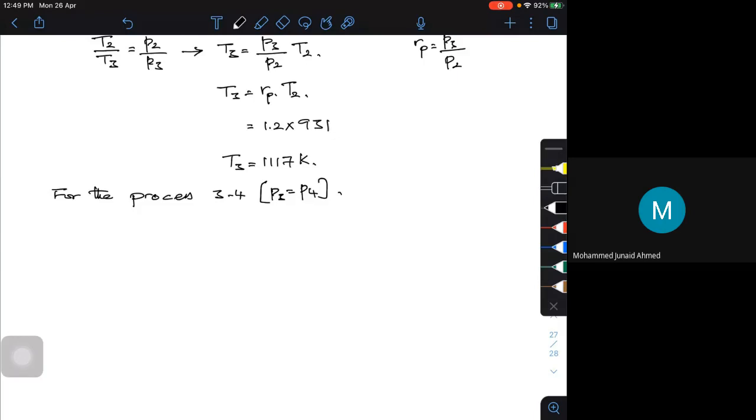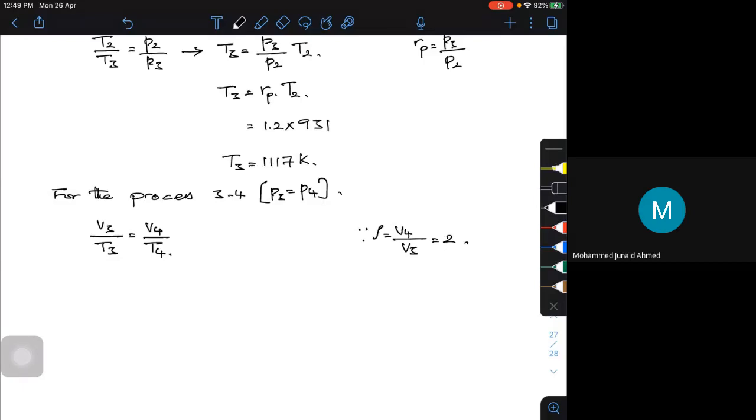Therefore, V3 by T3 is equal to V4 by T4. And they have given in the problem statement rho is equal to V4 by V3, which is equal to 2.